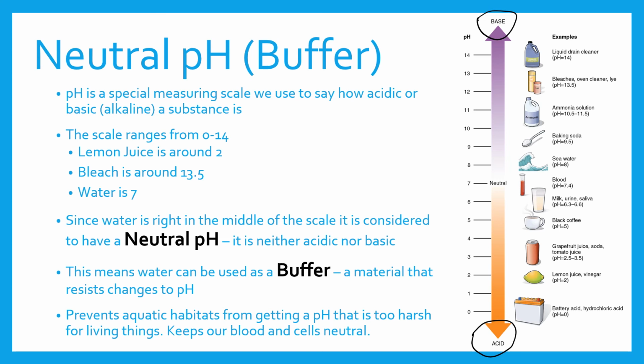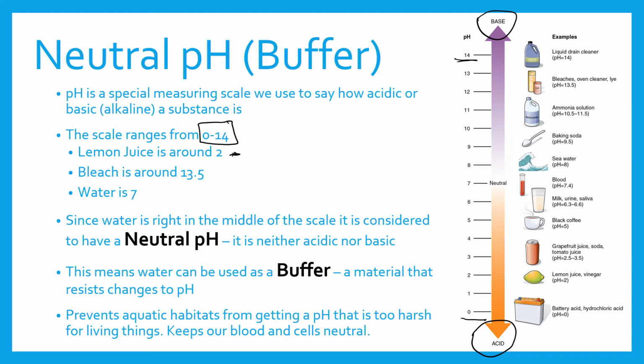The scale, I should say first, ranges from 0 to 14, where 0 is really, really, really acidic and 14 is really, really, really basic. We don't want to be anywhere near any of those. Lemon juice is around a 2, which is really low. That's why you're told not to chew on lemons, because they can end up eating away at the material on your teeth.